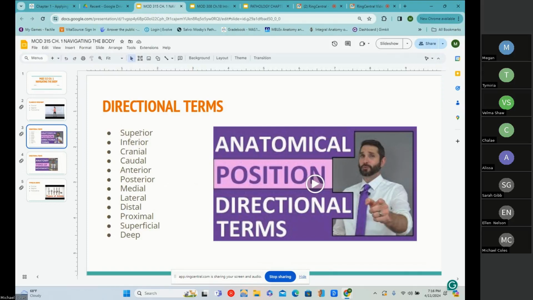You need to define, is it close to the shoulders? Is it down below, down near the belly button? So having these different terms to describe the position of something on the body is going to be helpful. So when you read it, you know exactly where that place is.